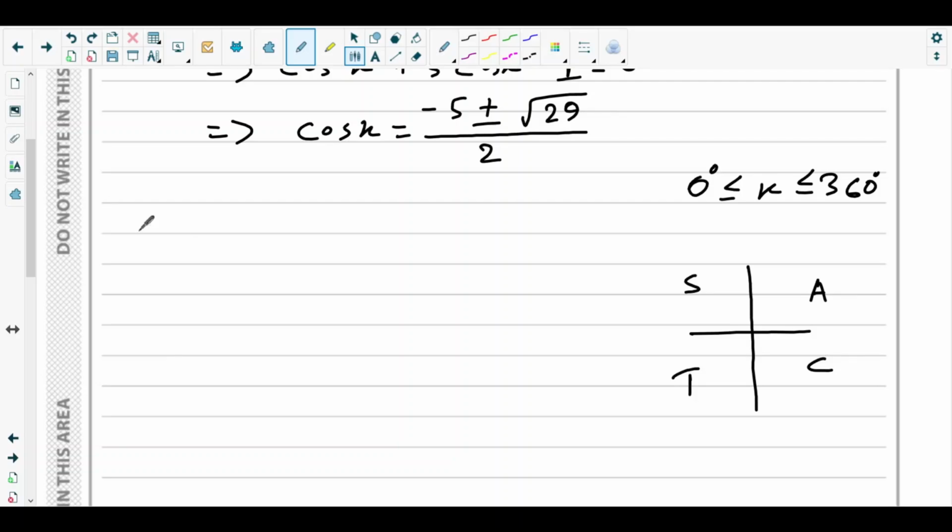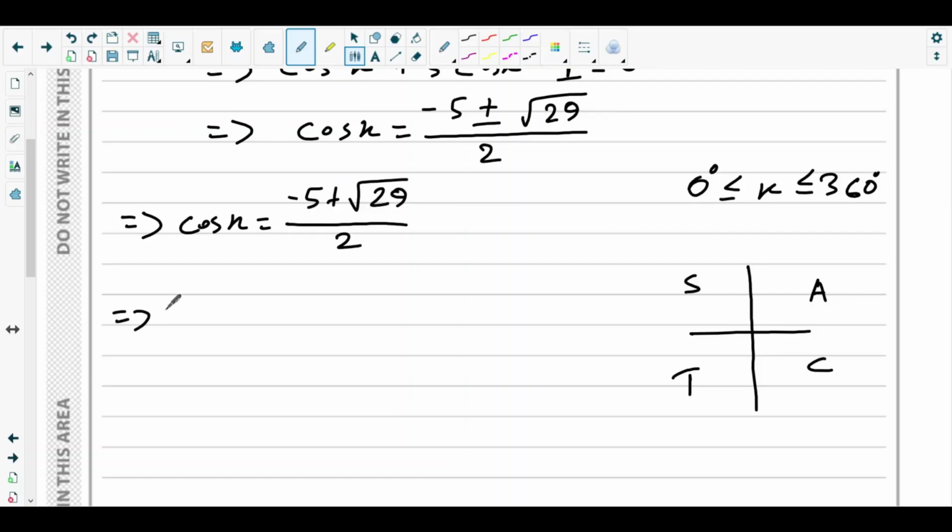So you might expect four possible values for x, because the value of cos x is both positive and negative, at four quadrants. So consider the positive one, cos x equals negative 5 plus the square root of 29 over 2.